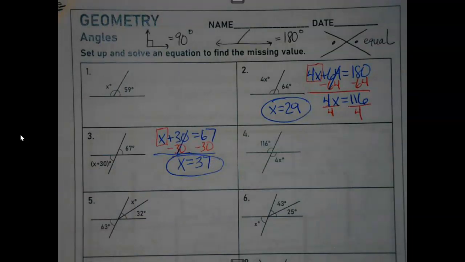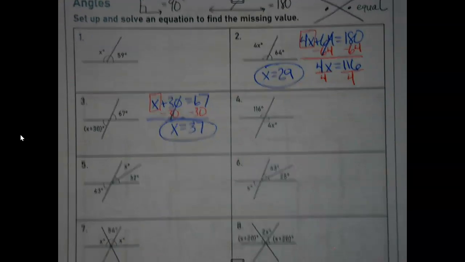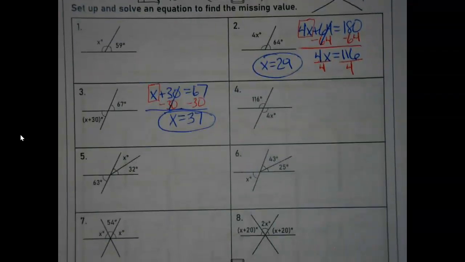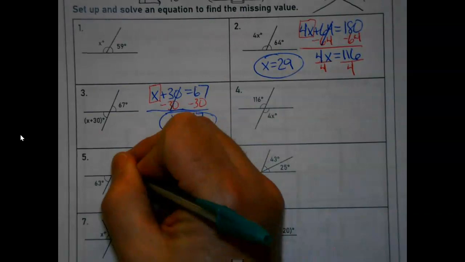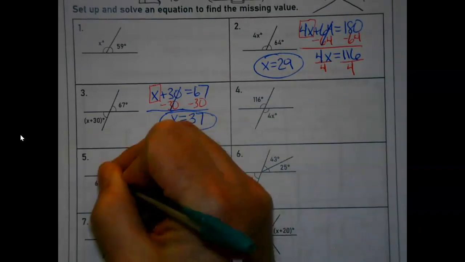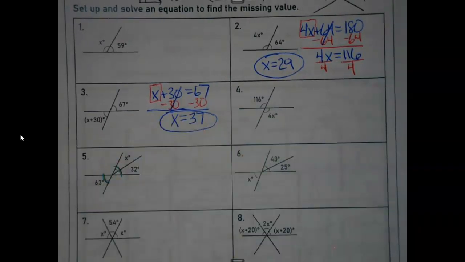Now, this can get a little funky. You're like, well, what do you mean, this can get funky? For instance, I'm not going to do the whole problem, but just to give you some guidance, let's say number 5. This whole angle and this whole angle are the same.